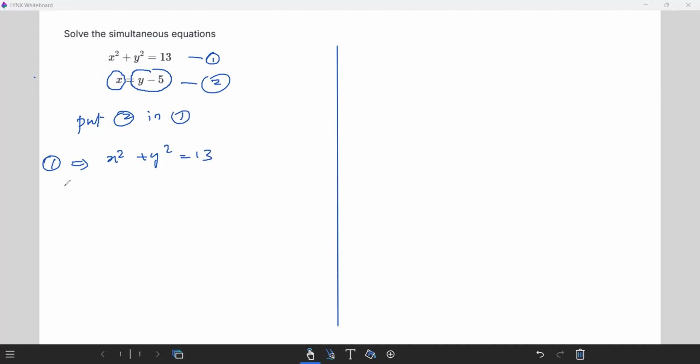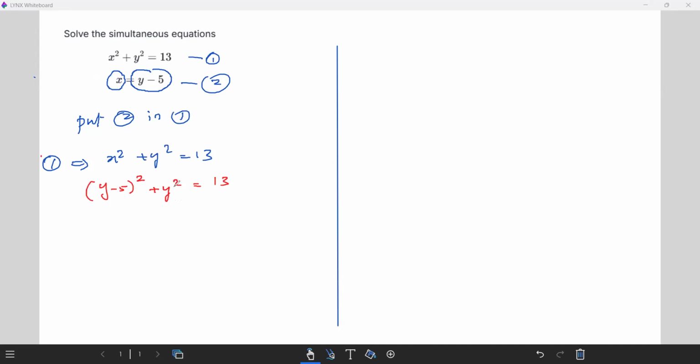So write y minus 5, the whole squared, in place of x, plus y squared equals what you have on the right side, which is 13. That is to be written. Now we have the equation in y.